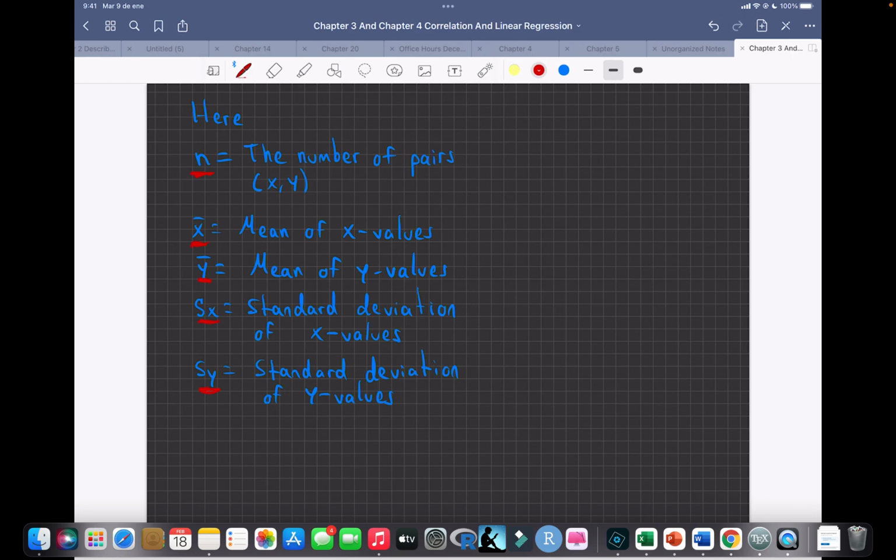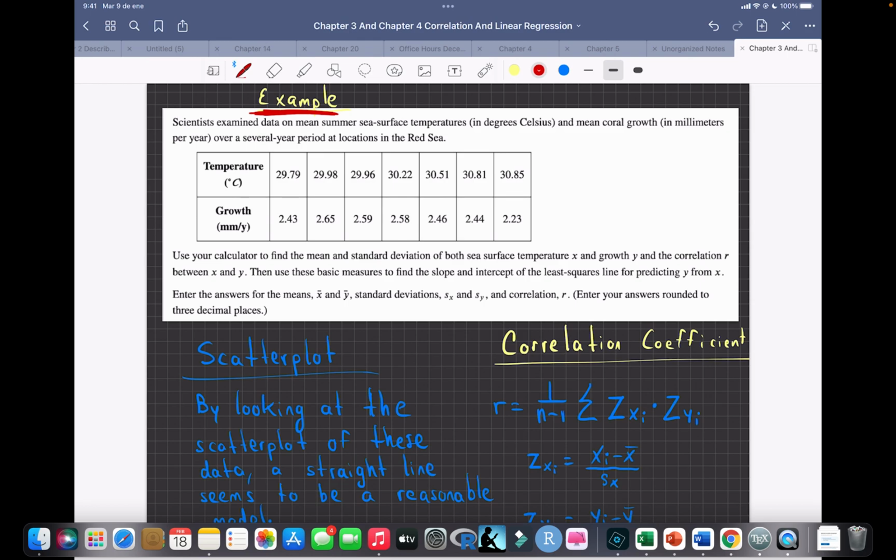There you have. So you will have to compute for each X value, for example, subtract the mean and divide by the corresponding standard deviation.